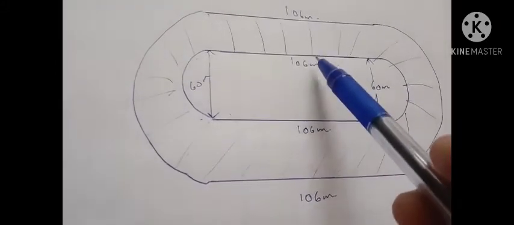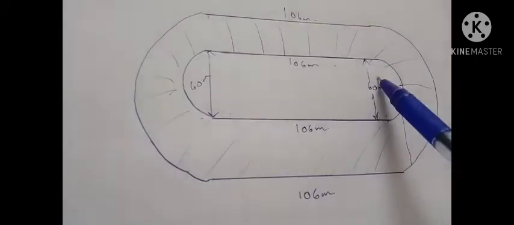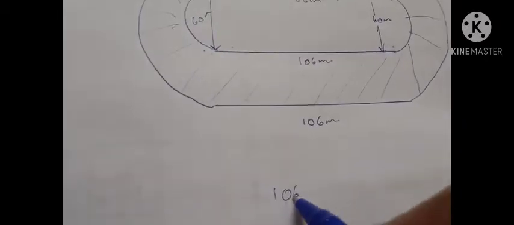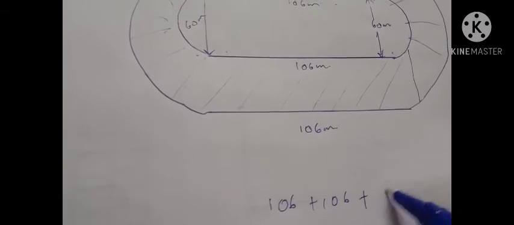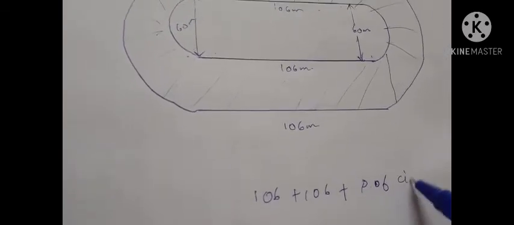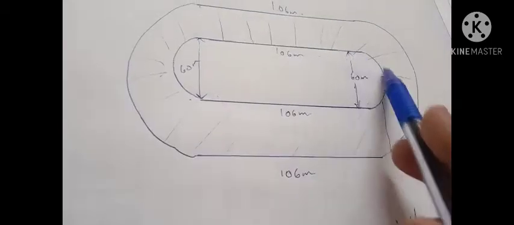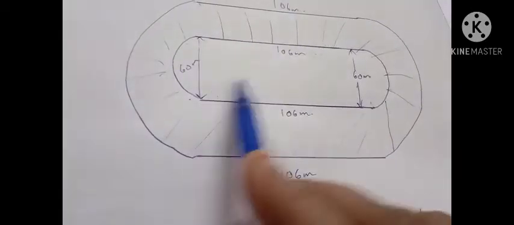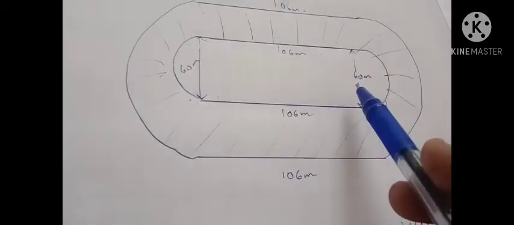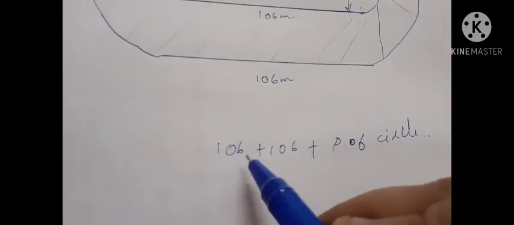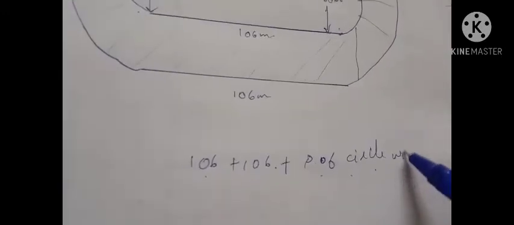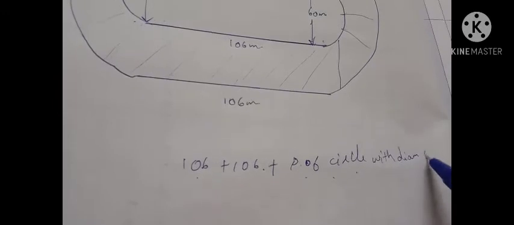So the length of this inner edge will be equal to 106 plus 106 plus the perimeter of a circle. This half circular path and this half circular path with equal diameter should be equal to a full circle's circumference. So the total distance around the track along its inner edge will be equal to 106 plus 106 plus the perimeter of a circle with diameter 60 meter.